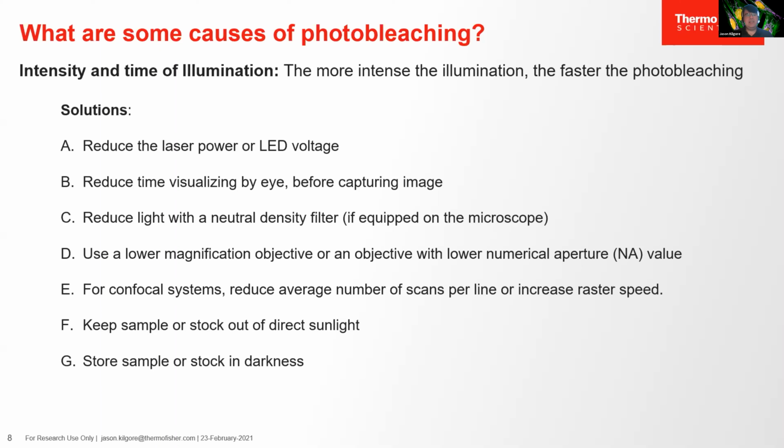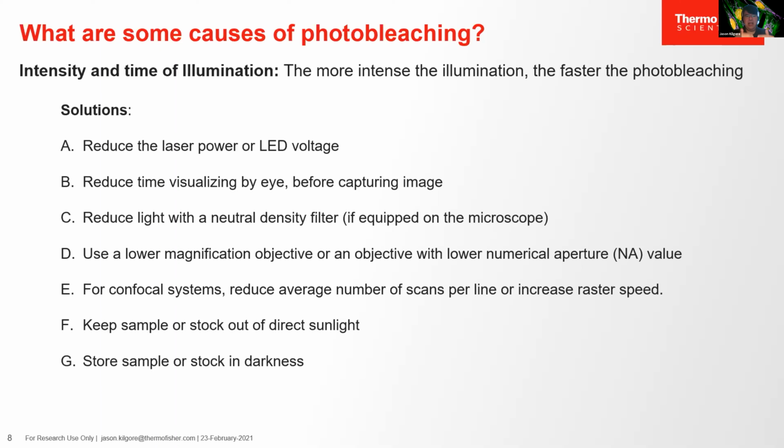For confocal systems, your laser rasters across your sample like a line, and that rastering can be controlled. So it has a certain speed of raster. The faster the speed, the less photobleaching, or the lower the speed, the more photobleaching, so you can change that speed. Also, the raster goes over more than once.